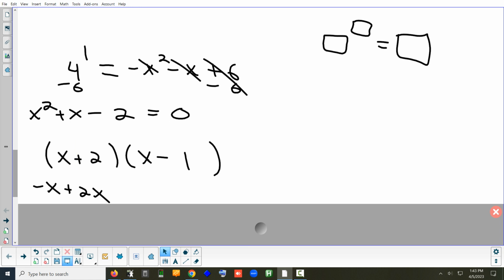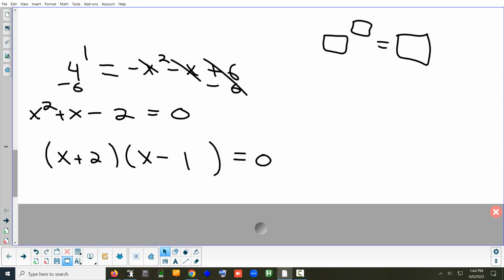And what's negative x plus 2x? x. And what's 2 times negative 1? Negative 2. So it was factorable. Okay, so we didn't need the quadratic formula. It's worth just giving it a shot. If you can factor it, that's usually a lot faster.